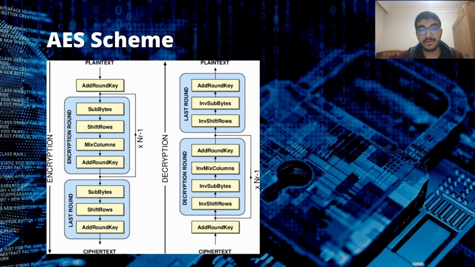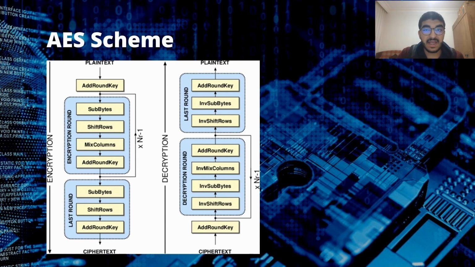For the decryption process, now we are going back. If we say that we used a bottom-up approach in encryption, we use a top-down approach in decryption. We have a ciphertext, which is encrypted. Then we use the add round key operation. Now, in the iteration steps, which means in the loop, we are using inverse shift rows, inverse substitution bytes, inverse mix columns, and add round key.